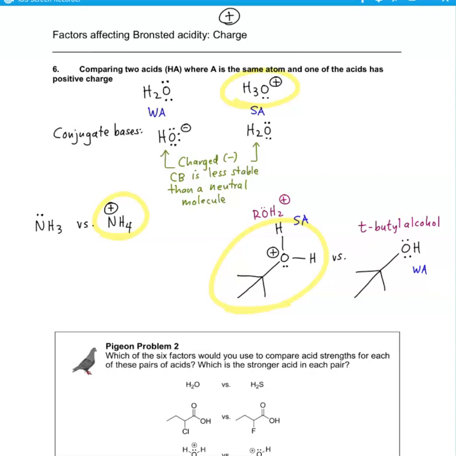Okay, so let's take a few minutes and just look at a couple of examples. So first of all, when you're assessing a pair of acids or a set of acids, the first thing you want to ask is, are the hydrogens that I'm comparing, the acidic or the potentially acidic protons, are they attached to the same element? If the answer is yes, then the factors you would need to consider would be, is there resonance stabilization in the conjugate base?